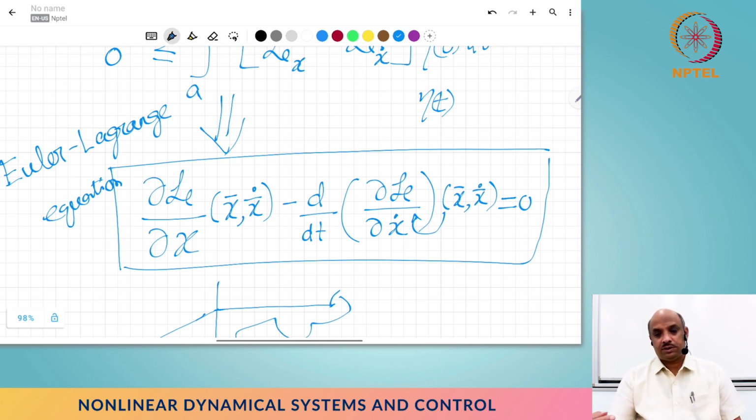One way, if you look at it, it's a special case of calculus of variations. Another way of looking at it is a generalization. Both views are appropriate, and we will take one of the views and derive some interesting solutions to optimal control problems. Thank you.